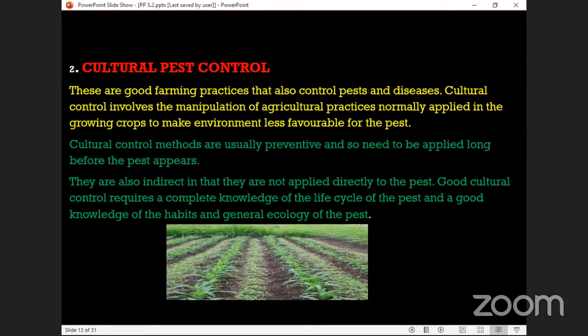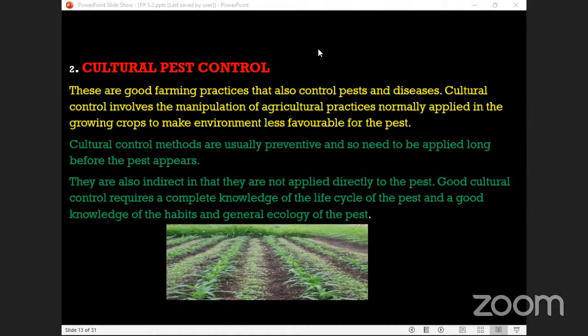These are good farming practices that also control pests and diseases. Cultural control involves the manipulation of agricultural practices normally applied in the growing of crops to make the environment less favorable for the pest.